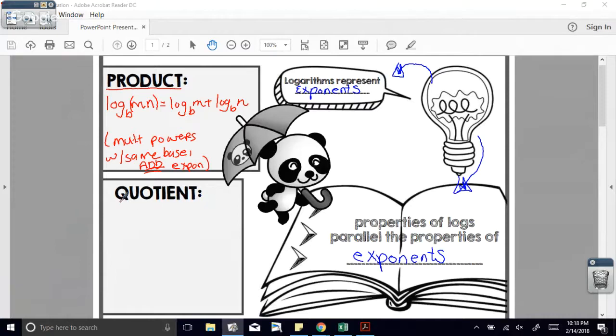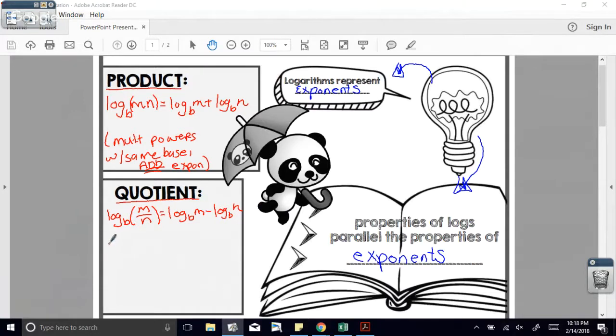Similarly, we're going to look at the quotient property of logs, which says that the log base b of m divided by n can be rewritten and split as the log base b of m minus the log base b of n.